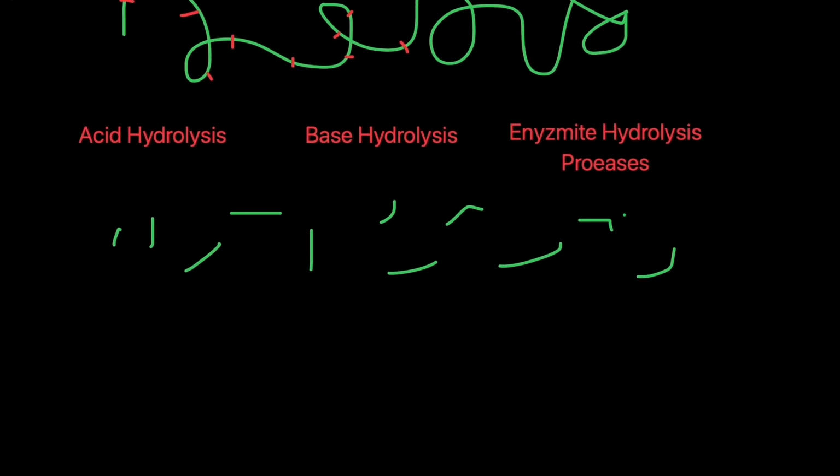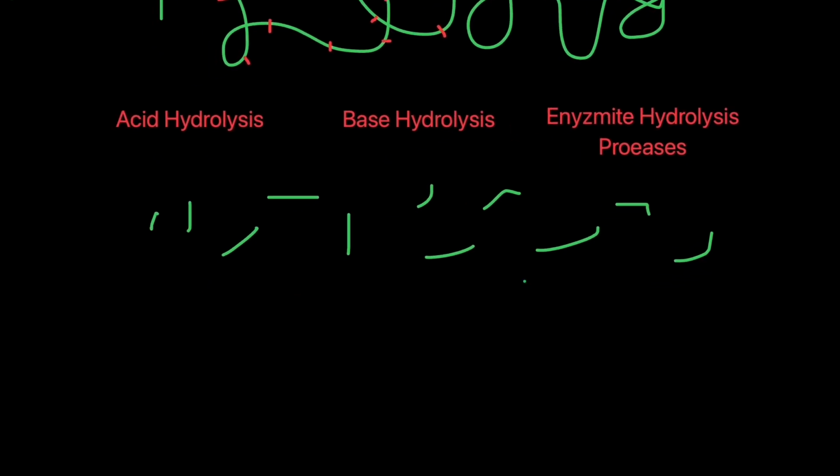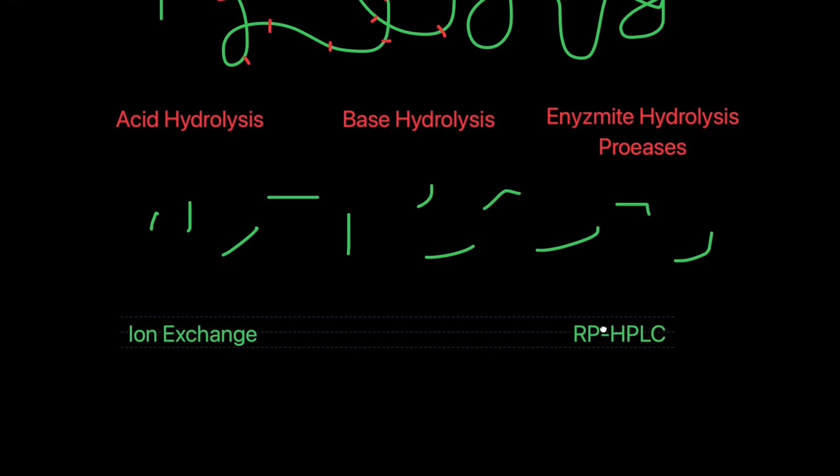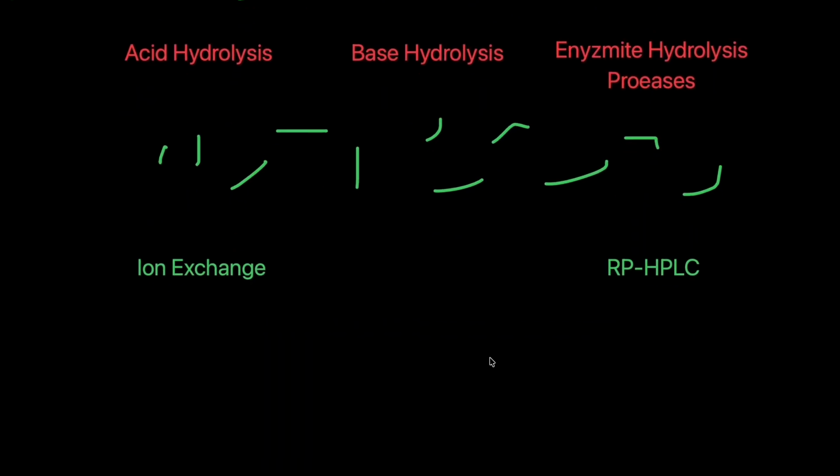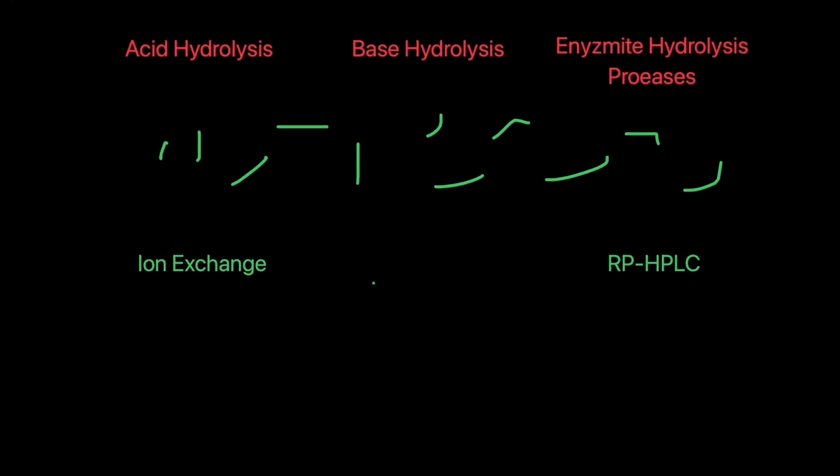You can use two methods to then filter them, similar to how we filtered and separated the proteins: ion exchange and RP-HPLC. These are chromatographic solutions again, like we had before, where we had a column with beads.